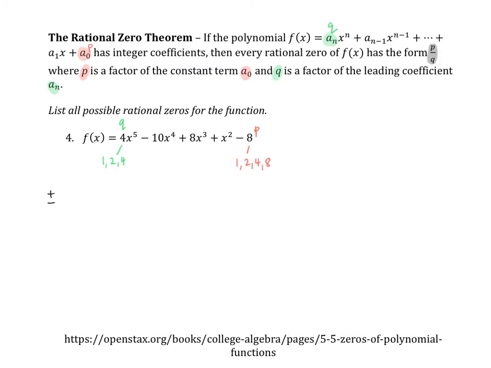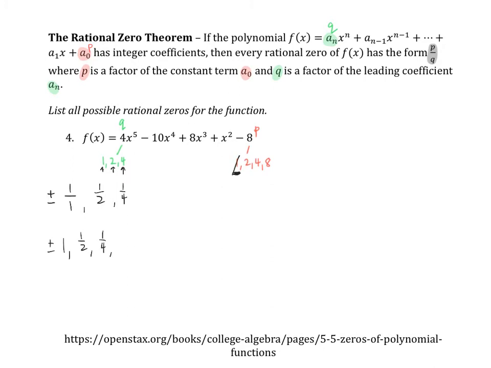So the first p is a 1, and I'm going to put 1 over all of the q's. So it'll be 1 over 1, 1 over 2, and 1 over 4. Okay, so I'm going to reduce. So I have 1, 1/2, and 1/4. So those are the 3 I get from using the 1 for p.